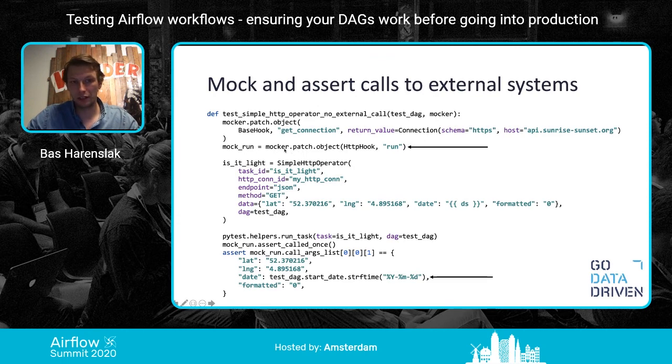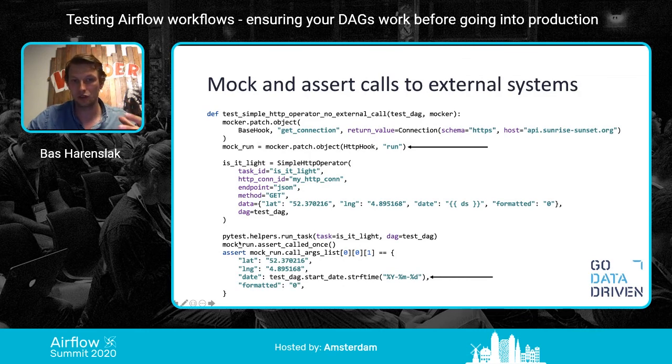And basically what this statement does, mocker.patch.object, is it will replace any calls made to this thing and capture it in this mock run thing. So we define our operator, run our task, and now we can make assertions on this mock run object.